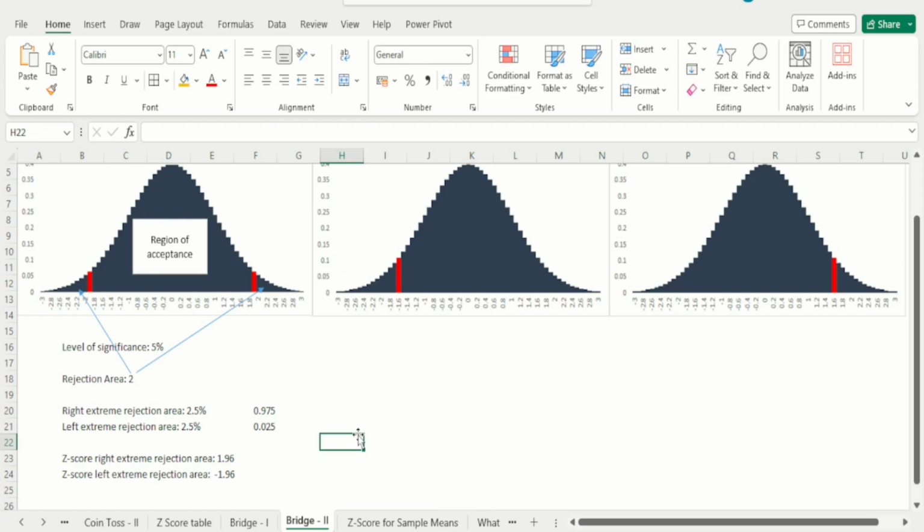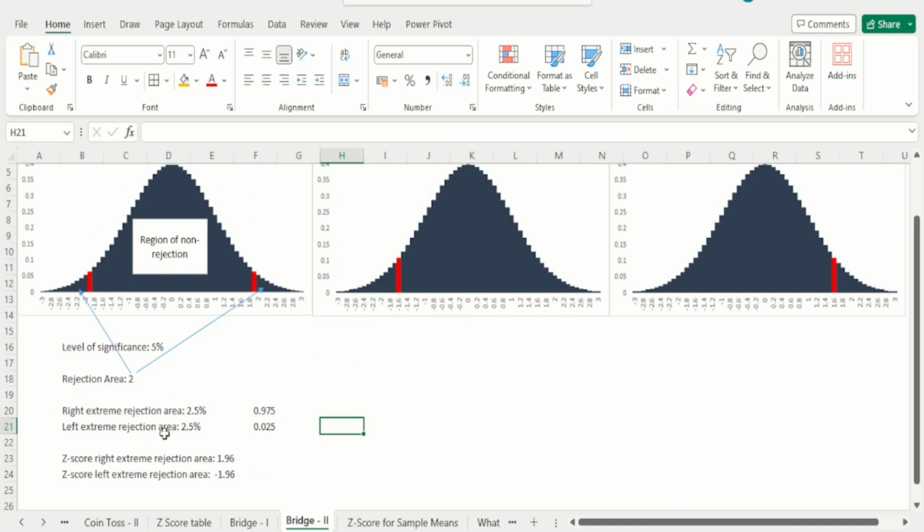This is not how you should generally think about it. I would recommend that instead of region of acceptance, you call it the region of non-rejection. It might look the same, but it does make a difference. So the right way of looking at it is a region of non-rejection, and these two regions are the regions of rejection, as we know. The critical points are 1.96 and minus 1.96.